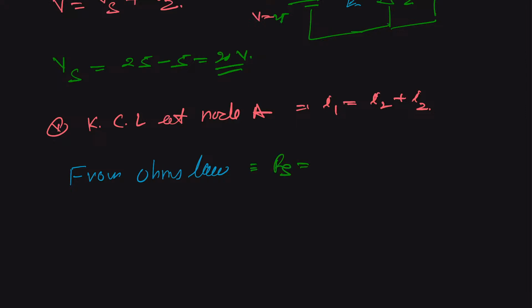RS will be equal to Vs upon I1. So this comes as 20 upon 0.02, which gives us 1000 ohms.